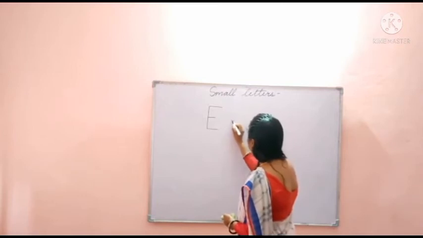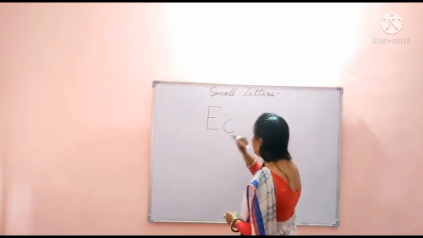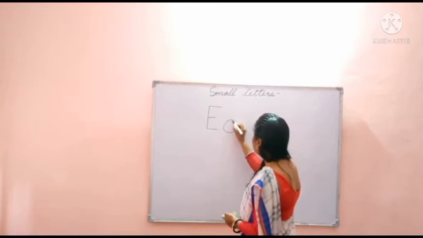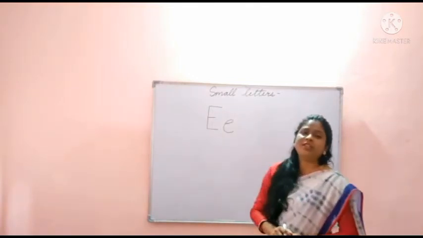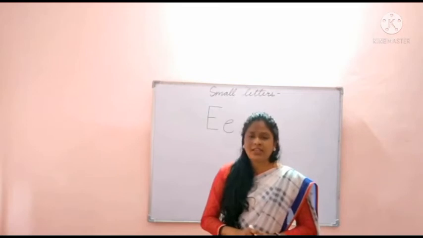You have to make a curve or a C, and join the curve. You have to make a sleeping line in between. Makes small letter E.